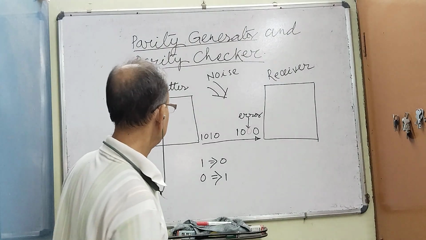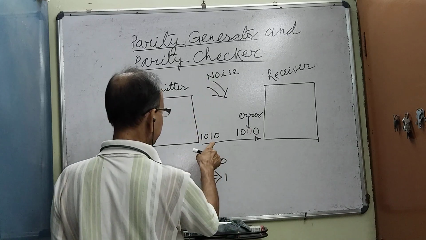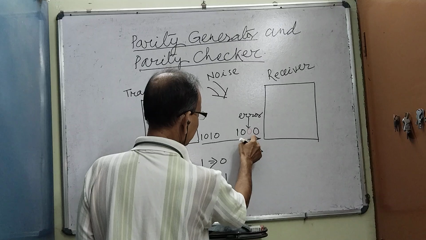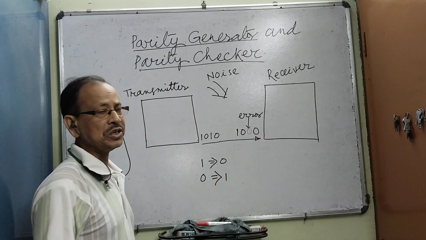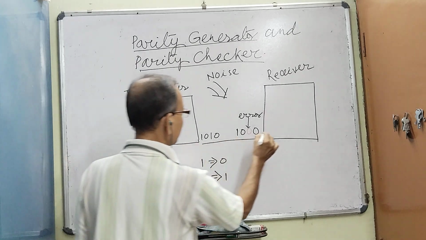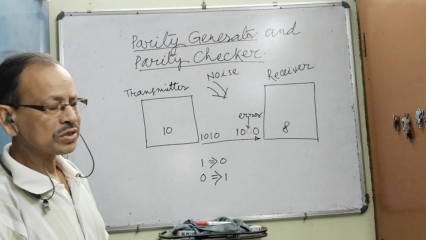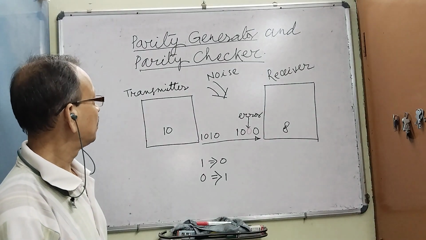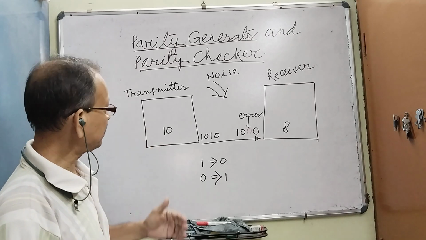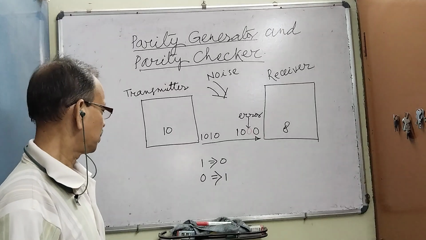You check, there is 1 0 1 0, which means 10. This is equivalent to 10 and you will get equivalent to 8. So here binary is 10, here binary is 8. So there is a wrong transmission. For communication, due to noise, there may be some wrong transmission.